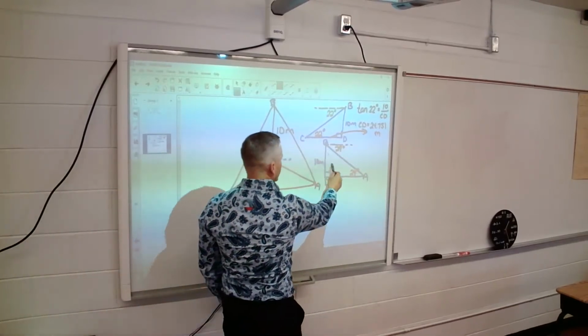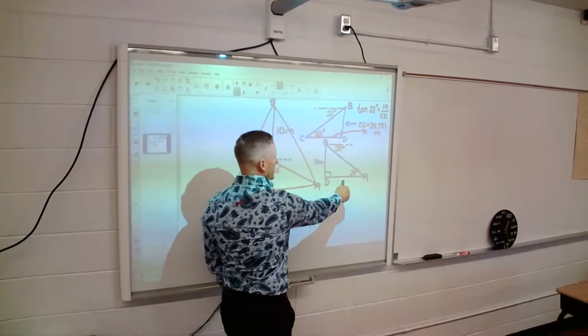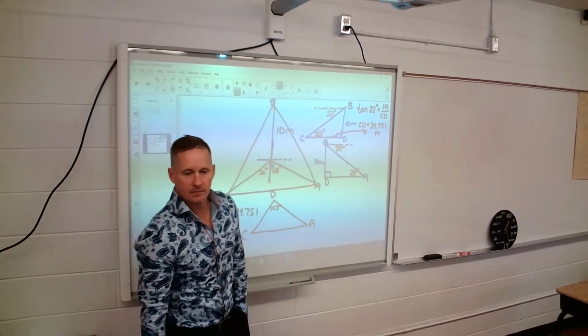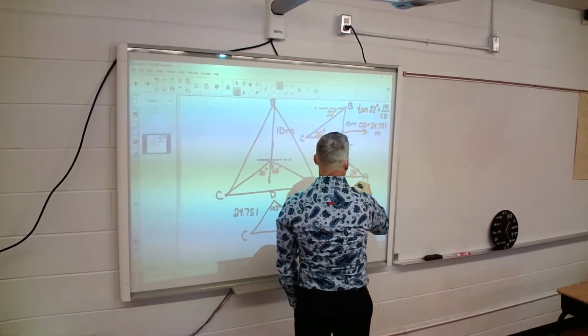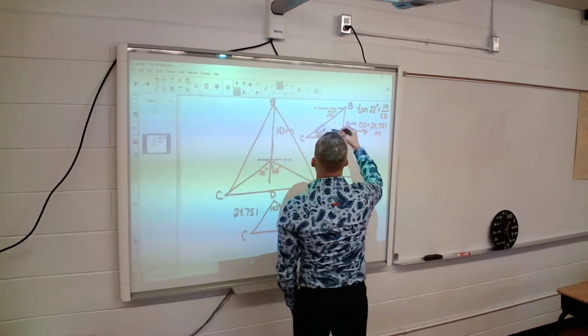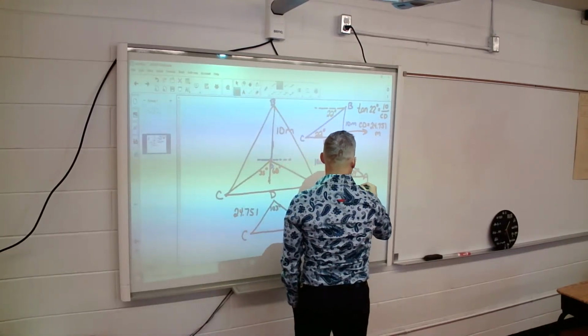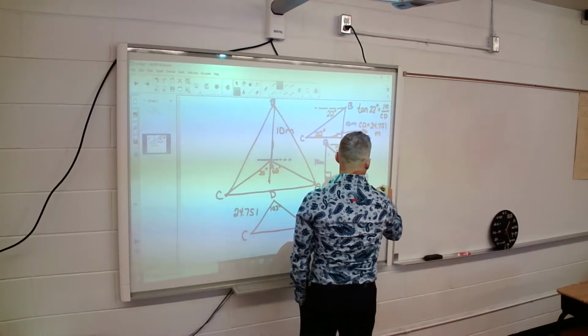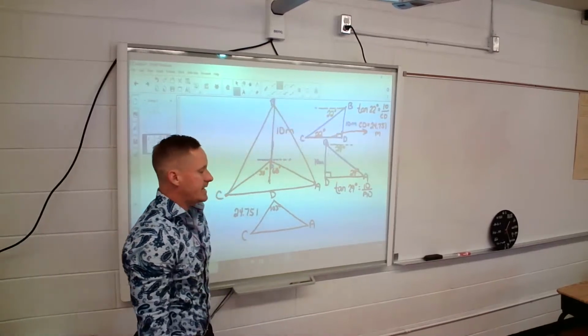Where is 10 in relation to 29? Opposite. Where is AD in relation to 29? Adjacent. So which trig function? Tan. Same thing. Now I need to find AD.